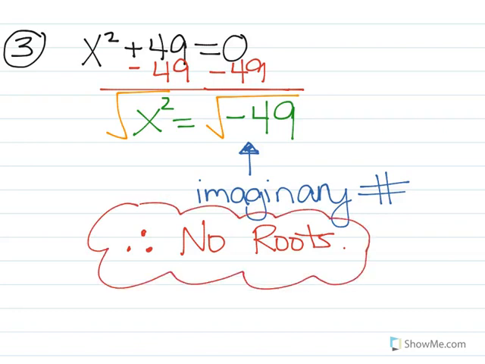So if we had to do a sketch of what this would look like on a graph, here's my xy axis, and then maybe here is what my parabola would look like. Lovely picture. But the point is that it's going to be a U-shaped parabola because my x squared is positive, and it will never cross the x-axis, and therefore it won't have any roots.